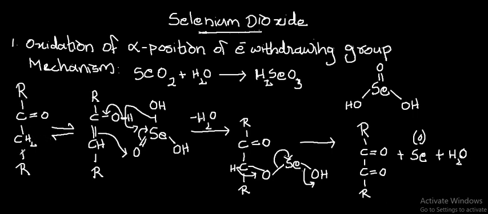a compound having an electron withdrawing substituent, RC=O CH2R, and this is a keto group. The keto functional group tautomerizes into enol. This is the structure of enol, RC(OH)=CHR. This is enol, keto enol tautomerization.